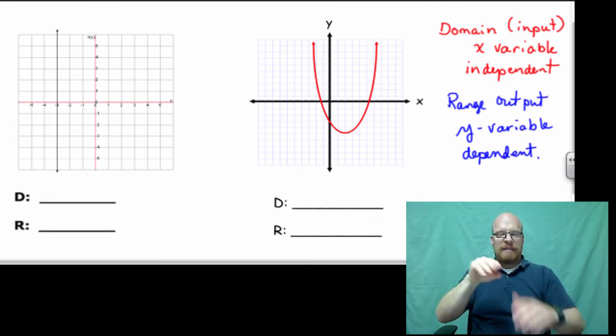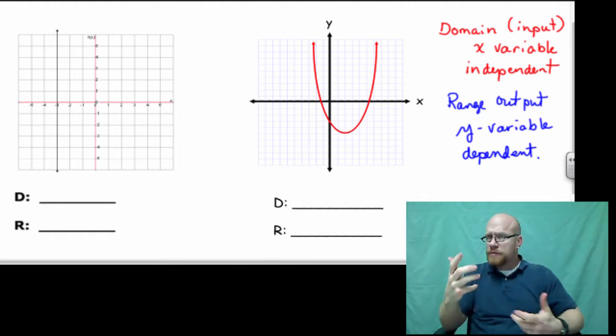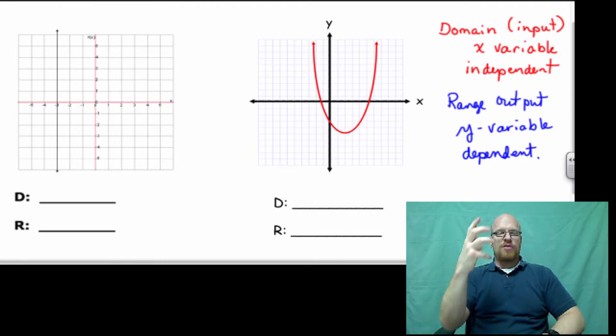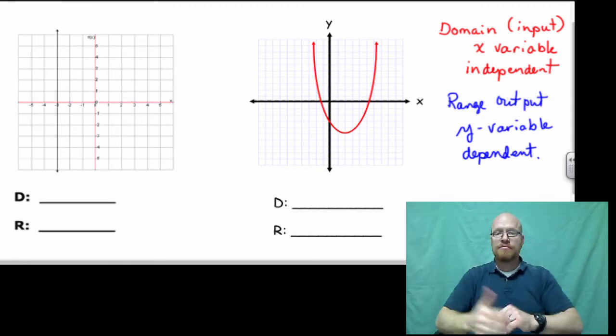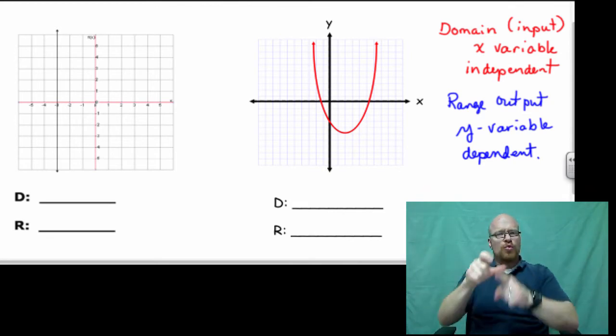See what's written here. Domain is our input, it's our x variable in this graph. It isn't always x, but it can be other variables as well. But right now, x is our independent variable. And now range is y, our output, our y variable.